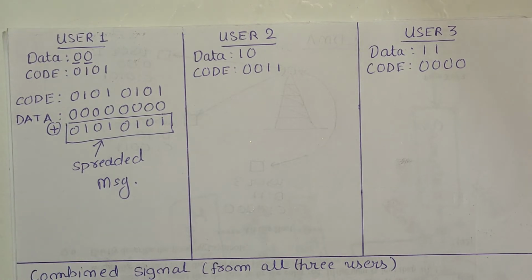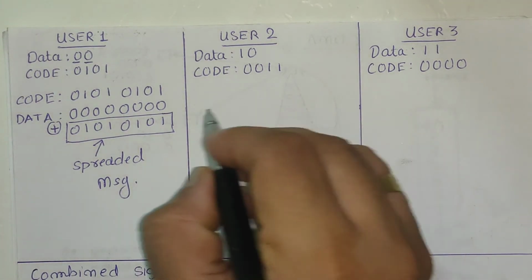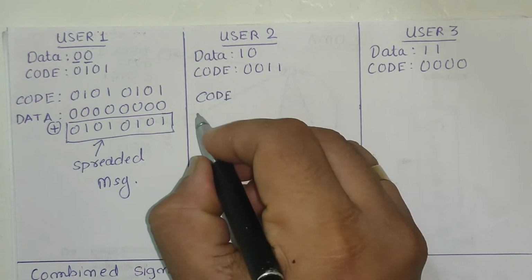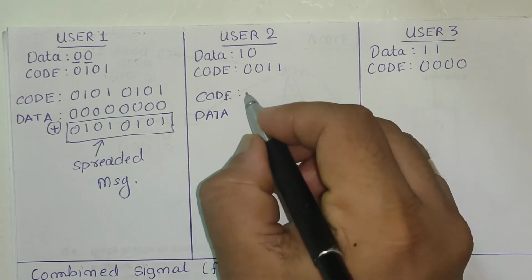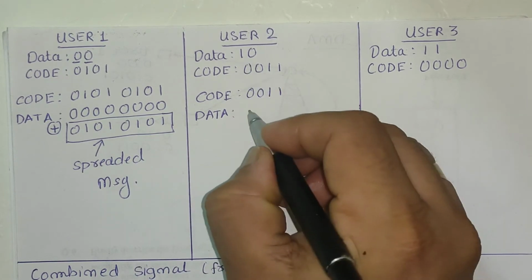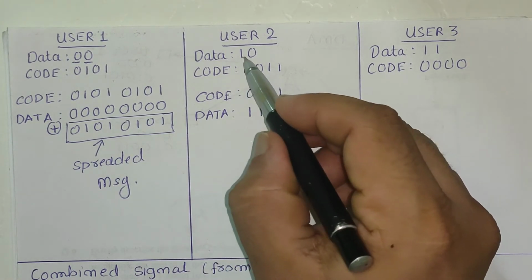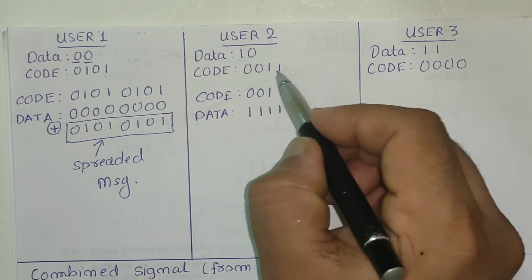Likewise, we are going to perform the same task for user 2 as well. Let me write down the code and data. User 2's code word is 0011, and the first bit of user 2 is 1. We are going to repeat ourselves because we want to perform the XOR operation of this first bit with all these 4 bits, and likewise the second bit with all these 4 bits.